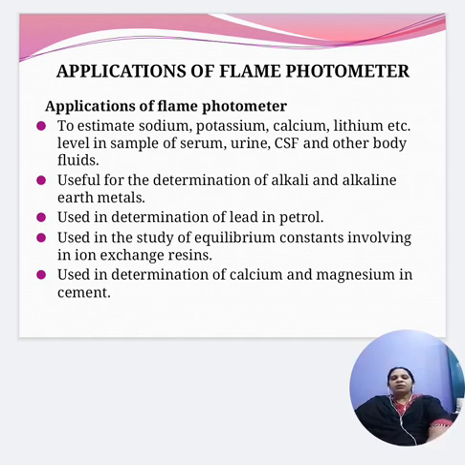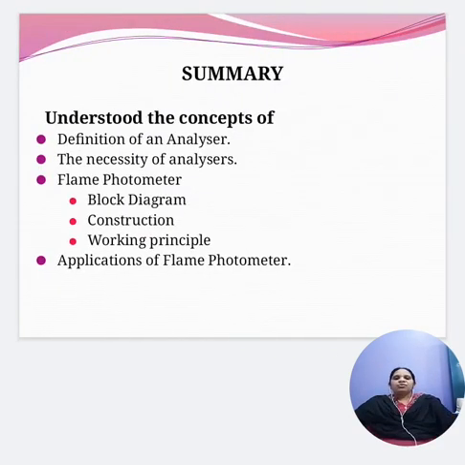Okay, so to summarize what we have learned today, we have understood the concept of the definition of an analyzer, the necessity of an analyzer. Why do we need an analyzer? You have studied about the flame photometer, the block diagram of flame photometer, the construction details and working principle of a flame photometer, and the applications of flame photometer.